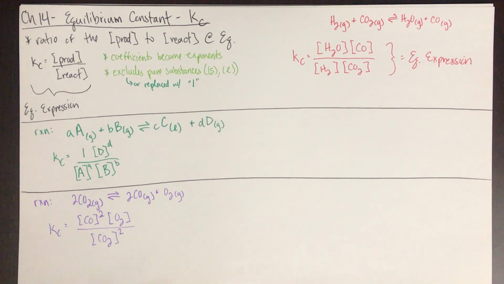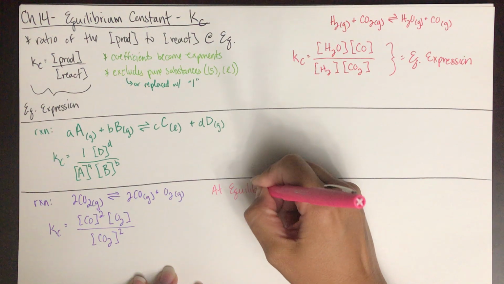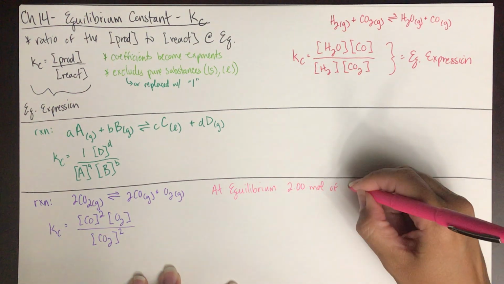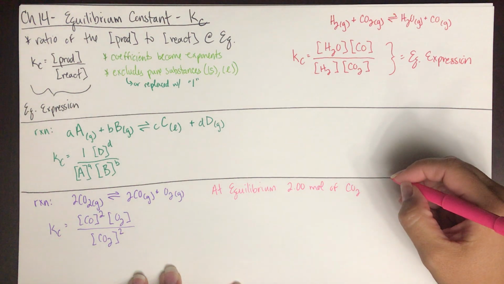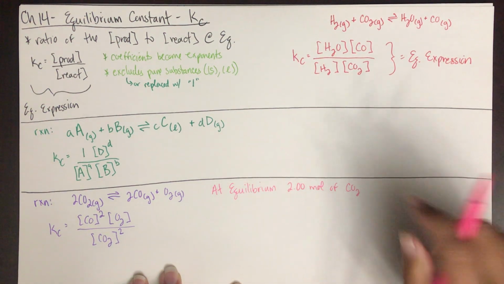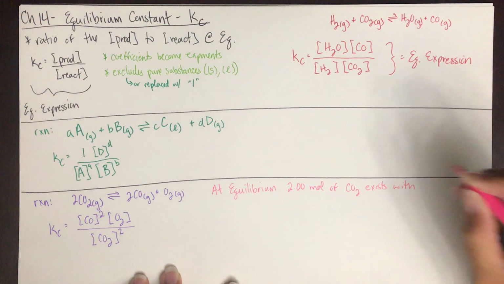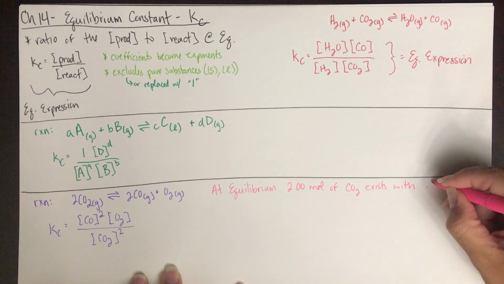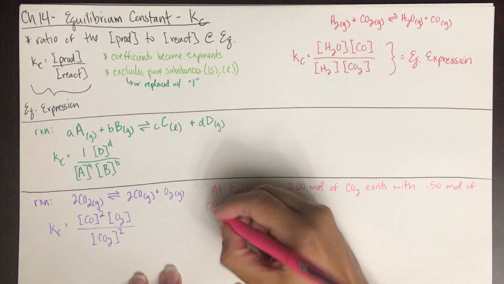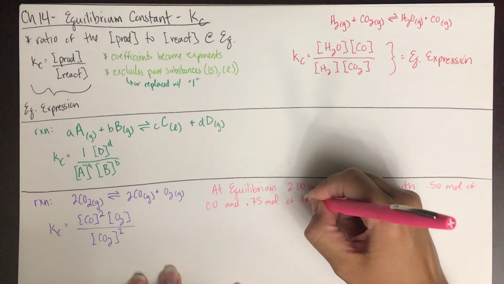So the word problem says, at equilibrium, 2.00 moles of carbon dioxide exists with 0.50 moles of carbon monoxide and 0.75 moles of oxygen.